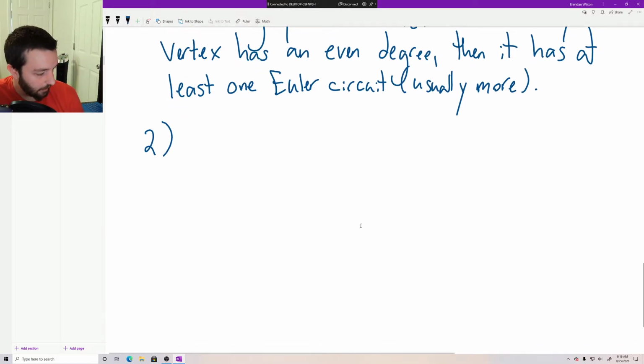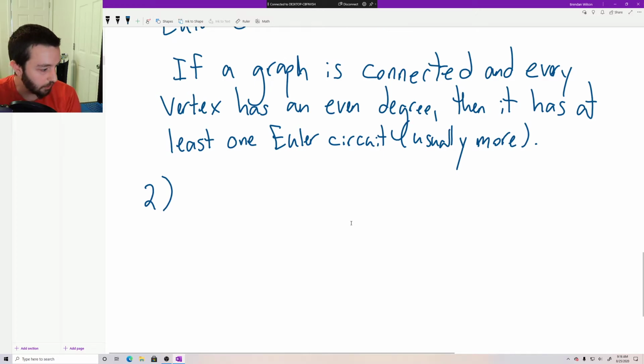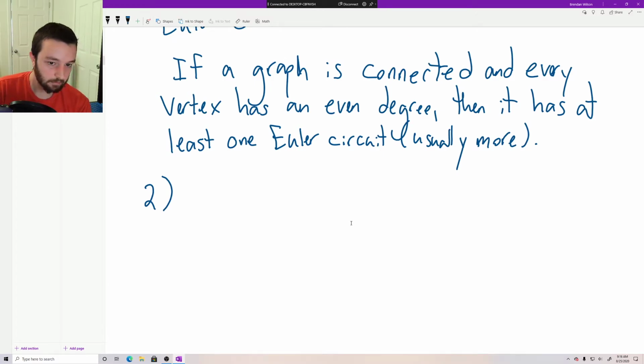Let's look at Euler's theorem number 2. This is about Euler paths now. So remember, for paths, it's the same thing, it just starts and ends at different vertices.